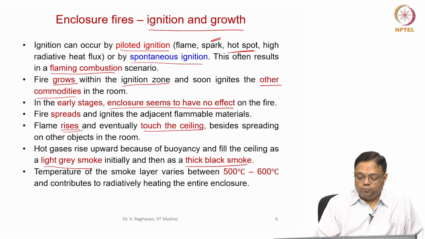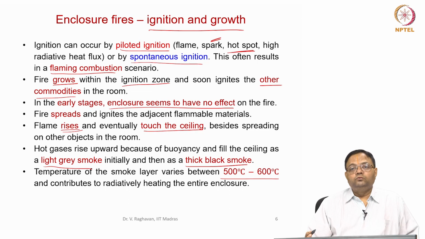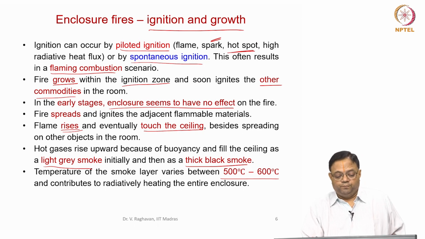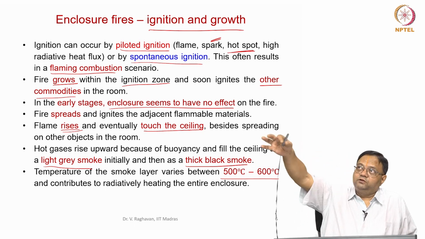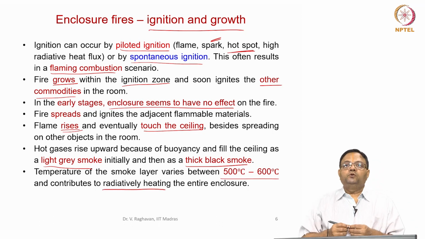Similarly, the temperature of the smoke layer can vary. It will slowly increase and it may get into the range of 500 to 600 degrees centigrade also. So once it exceeds this temperature, the smoke layer on the top can also radiatively heat the materials in the enclosure.